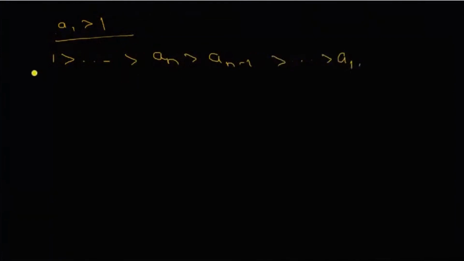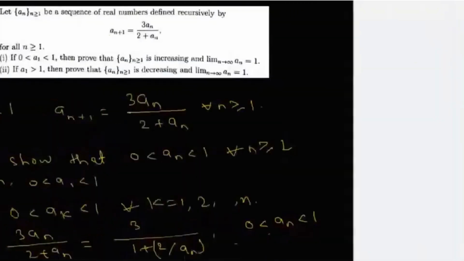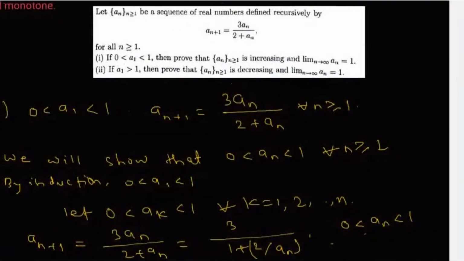You first have been given a_1 is greater than 1, right? So as you proceed, you will get that 1 is greater than each of the quantities, a_n is greater than a_(n-1) is greater than a_1. So this thing will be observed after you solve it in a very similar way as we have shown here.